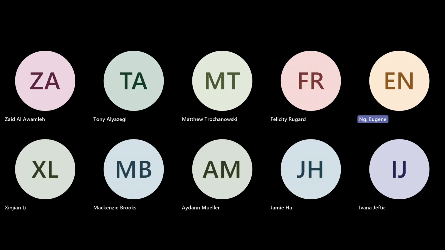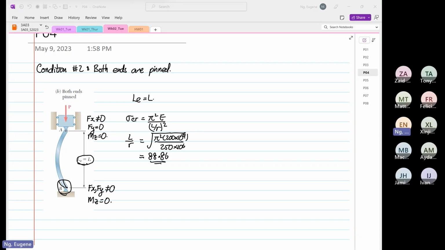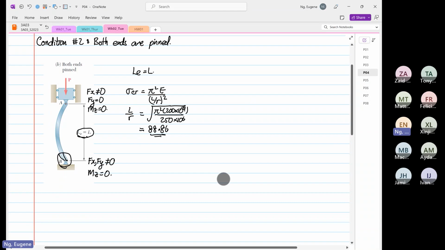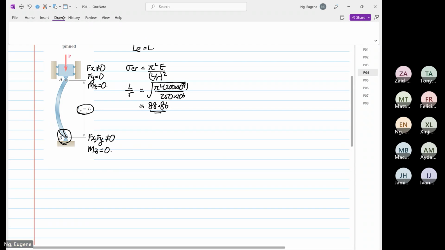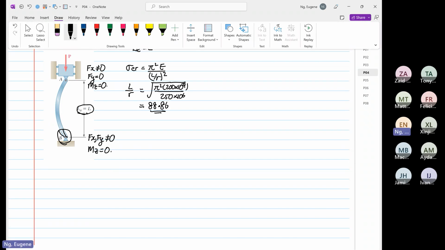We have looked at condition number 2, where both ends are pinned, and then what does it actually mean? We know that L over R has been increased to 88.86.